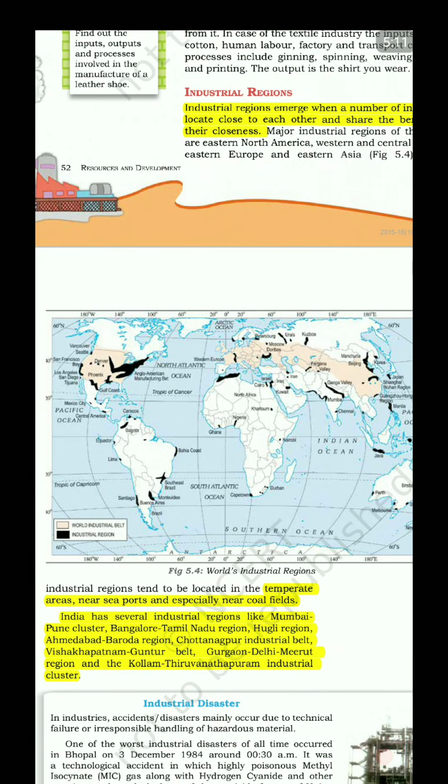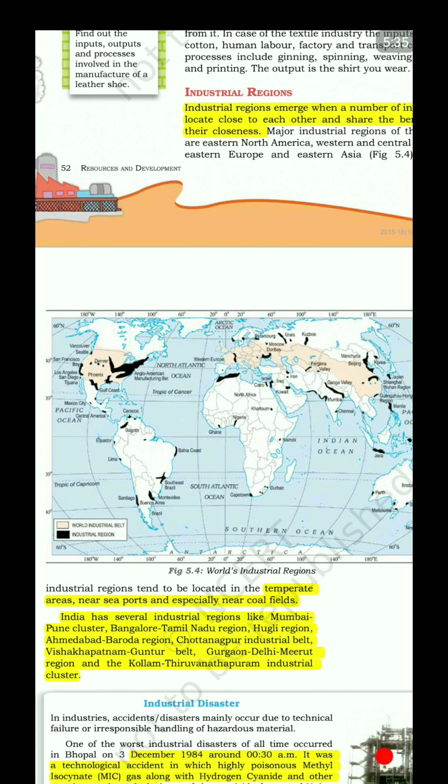If you see, they tend to be located in temperate areas, near seaports and especially near coal fields, because coal is an important source of power. Seaports lead to import and export both of raw material and the finished product.